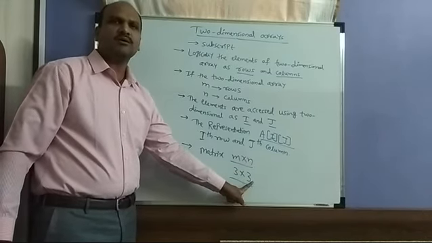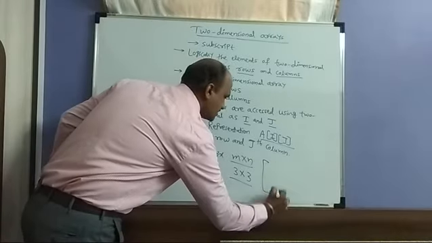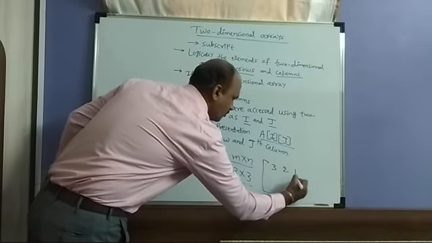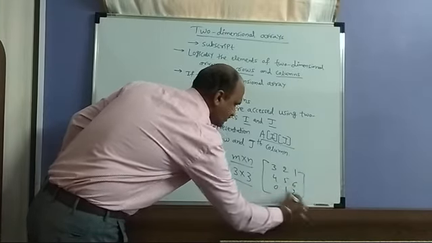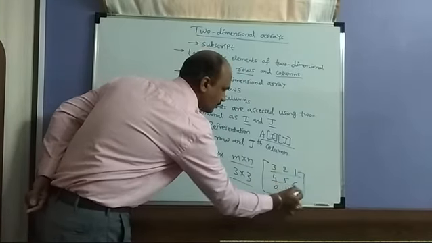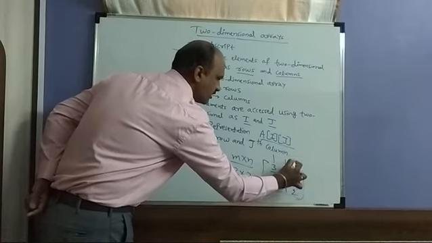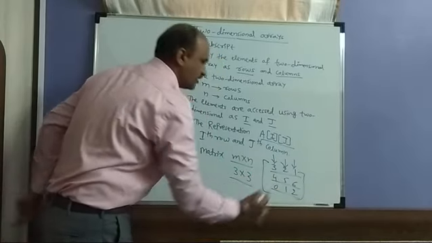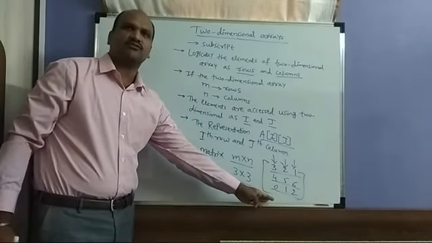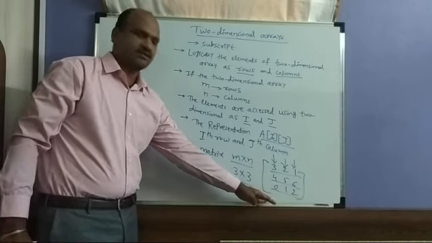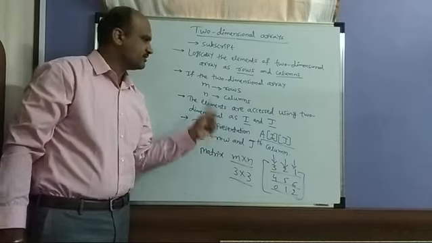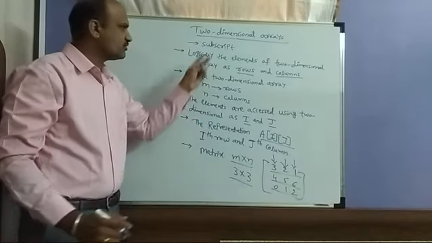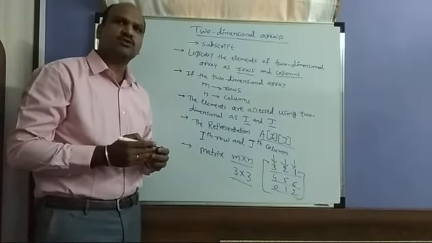Like a matrix, these are 3 rows and 3 columns. This is a matrix as we study in mathematics. So that is m into n, m rows, n columns. This is the basic idea of a two-dimensional array.